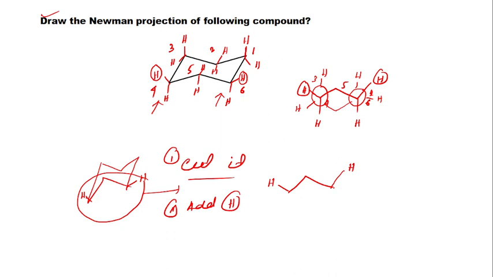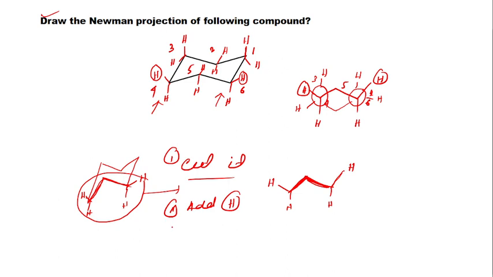Cut means here I have cut one extra carbon, but stop it here. So just cut these positions, these two. Then we have added these hydrogens, then add again these hydrogens.